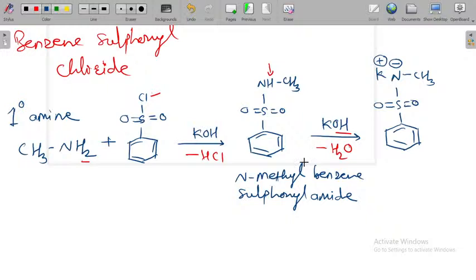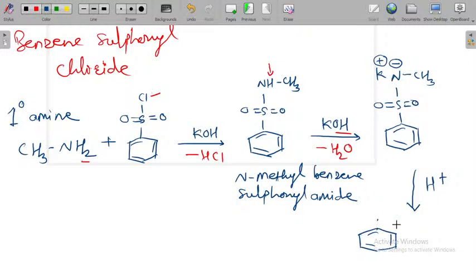And at the last step, when you protonate this with the help of acid H plus, again you will get this N-methyl benzene sulfonyl amide. Okay, now what is the final product of this reaction?